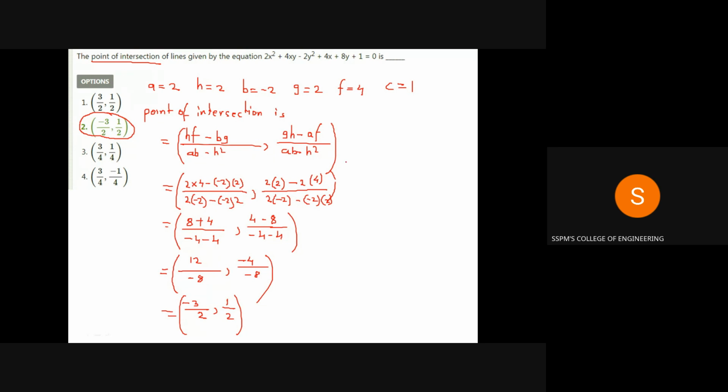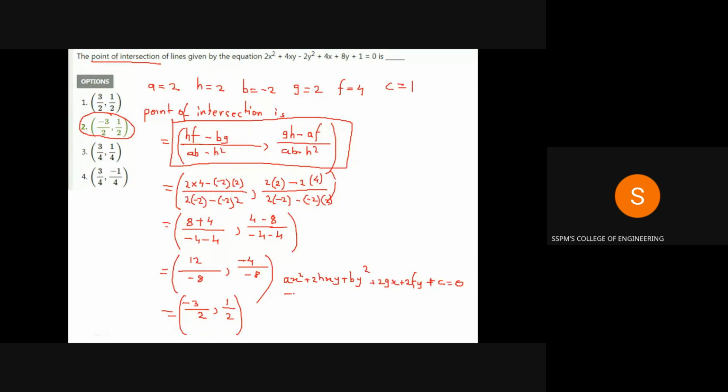So write down this formula somewhere or remember this. The standard form of the equation of pair of lines is given by ax square plus 2hxy plus by square plus 2gx plus 2fy plus c is equal to 0.